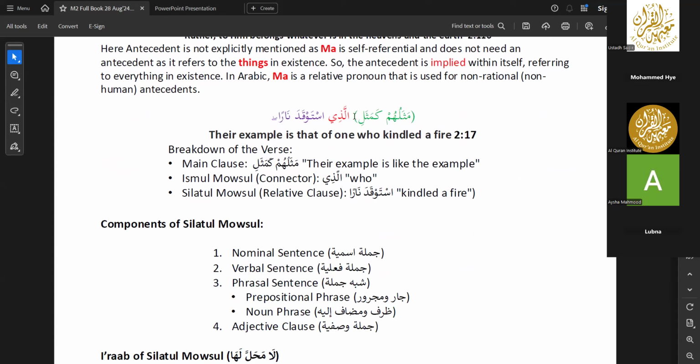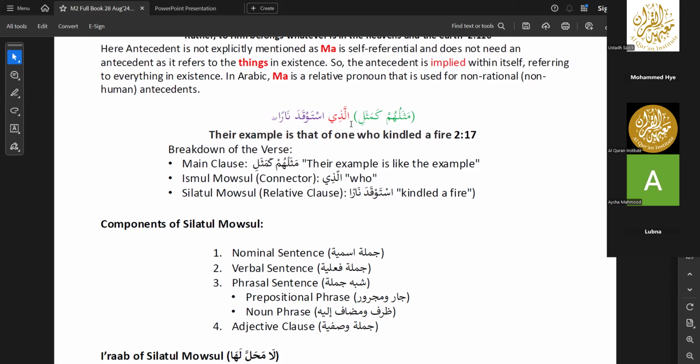Here we have obviously the الذي, the ism al-mawsul, and now we have the main clause مثلهم كمثل. The example is like the example, okay? That's the main clause. الذي, the ism al-mawsul, who. So their example is that one who. Yeah, that's the ism al-mawsul.